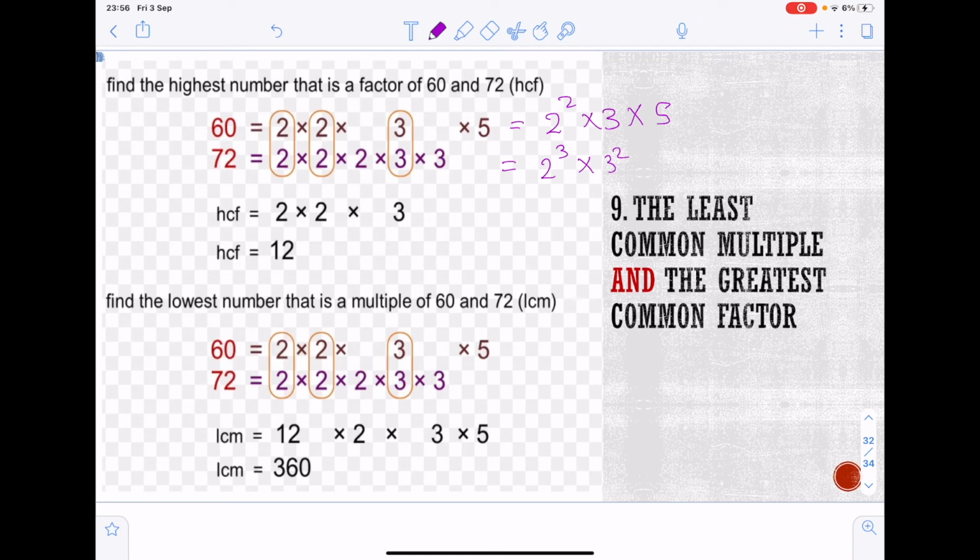Here we have 3 primes, so we're going to take 2, 3, and 5, but for the least common multiple, we will take the highest power. So 2 to the power 3 and 3 to the power 2, and then times 5. So we will have 8 times 9 times 5, which is 360.